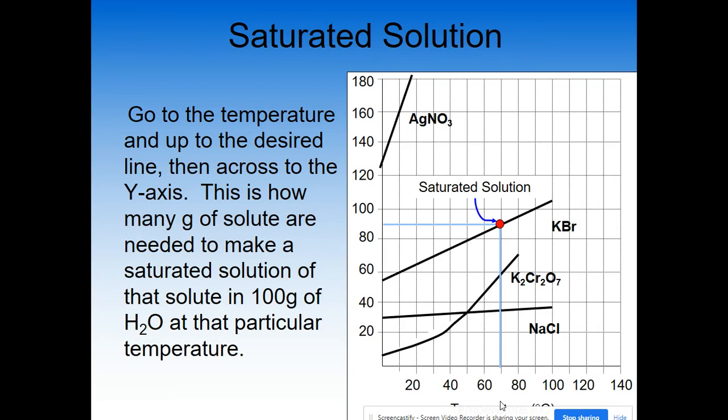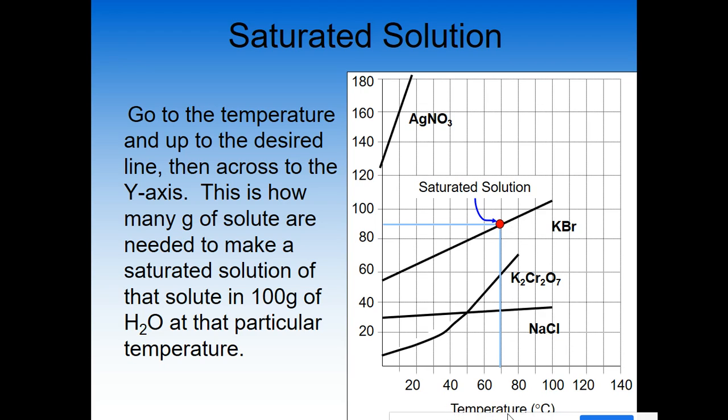Okay, so now I want to go over how to read these solubility curves. When you look at a particular point on one of these curves on your graph, this is describing a saturated solution at that particular temperature. So this point here in red says that it's 70 degrees Celsius.